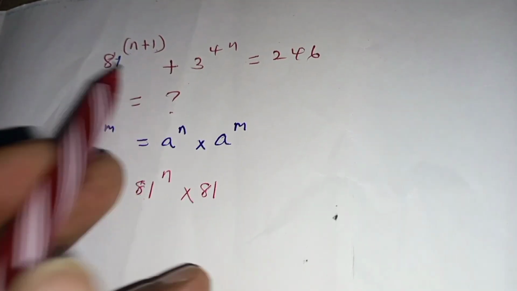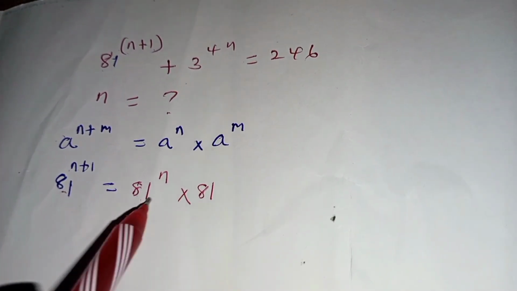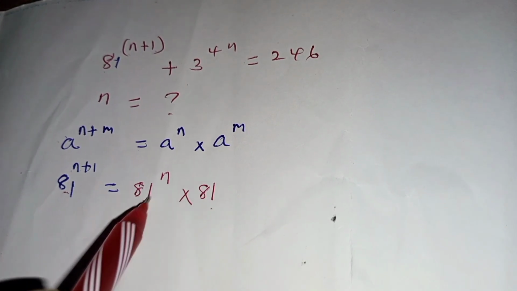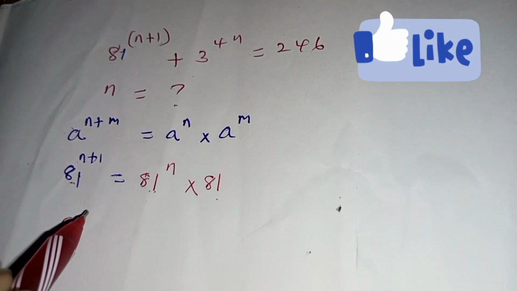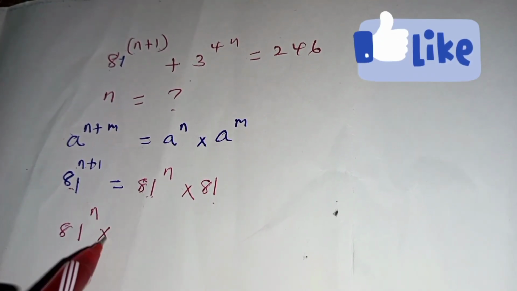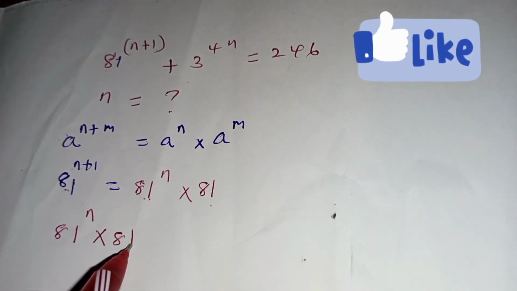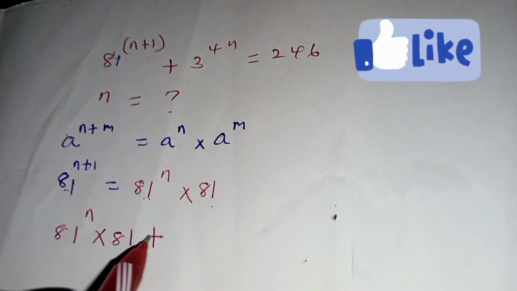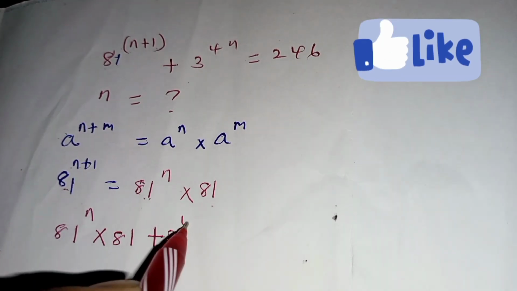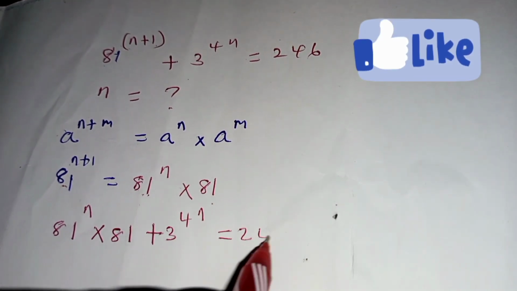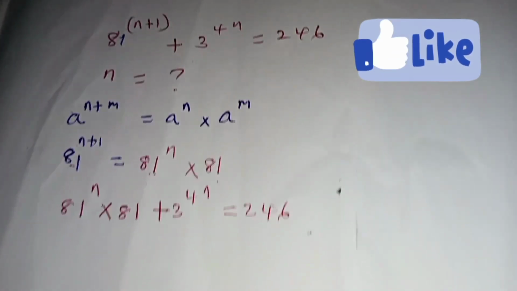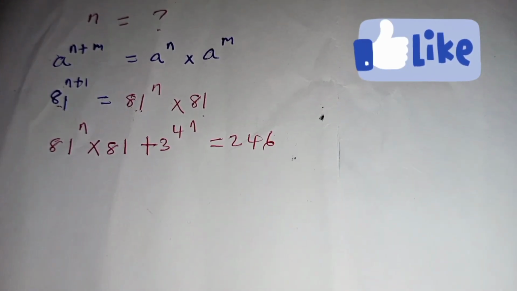So this part here we substitute with 81 multiplied by 81^n. Then we add 3^(4n) being equal to 246.